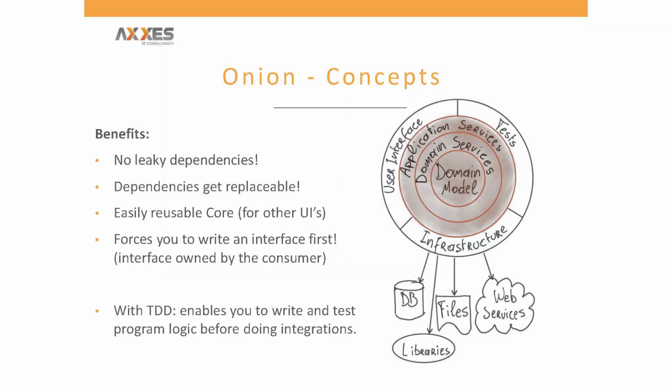There's a lot of benefits to doing this, because the first time you do this, it will maybe feel a little bit counterintuitive. But the cool thing is that no dependencies leak into your core. Because you start by defining that interface inside your core, and then you implement it somewhere in your infrastructure layer, or in your plugin, or whatever. You implement them on the outside, which means there's no Entity Framework going into your core, or no Autofac, or whatever you want to use.